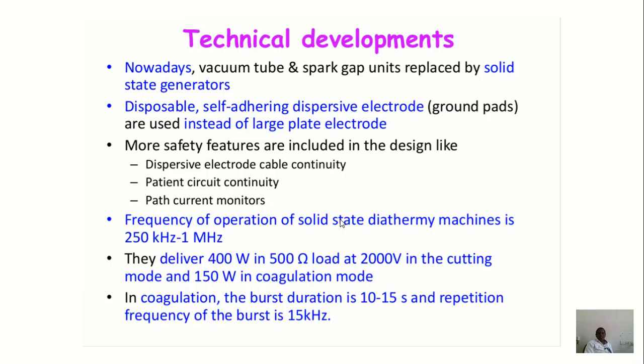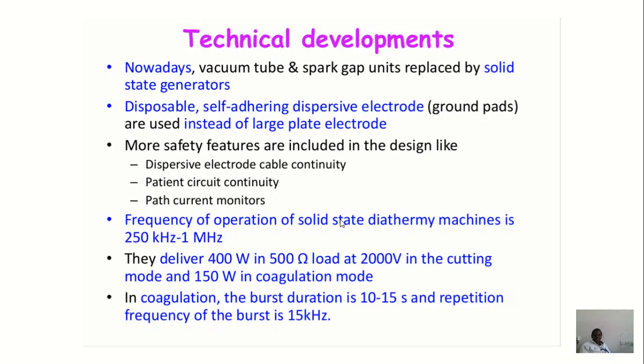The frequency of operation of a solid state diathermy machine is 250 kHz to 1 MHz. I already told you that 1 MHz to 3 MHz is generally used for surgical diathermy, but in solid state diathermy the frequency of operation is 250 kHz to 1 MHz, less than 1 MHz. They deliver 400 watts in a 500 ohm load at 2000 volts in the cutting mode and 150 watts in the coagulation mode.